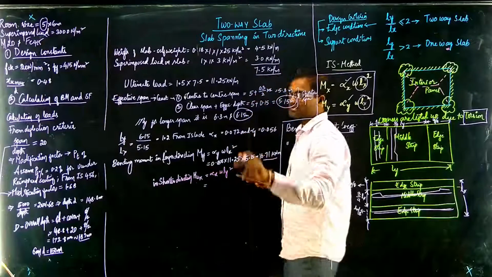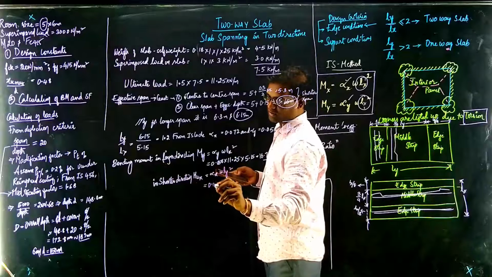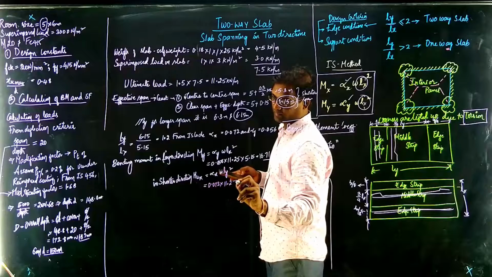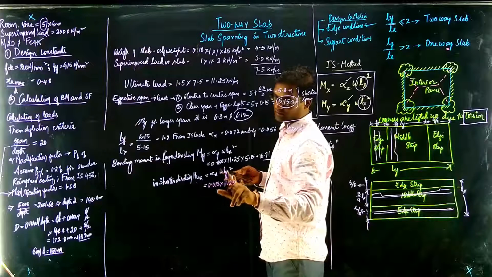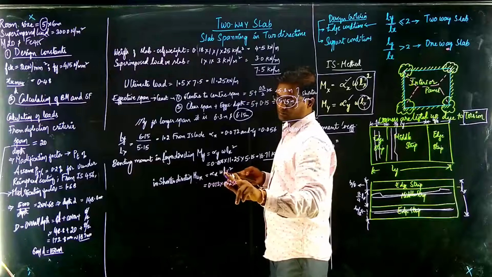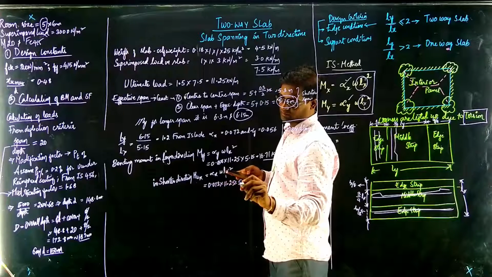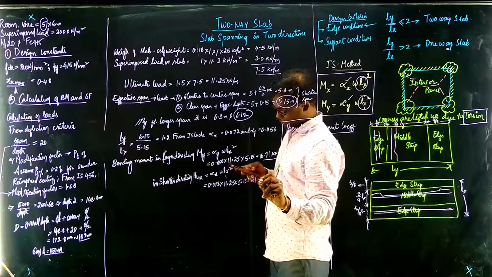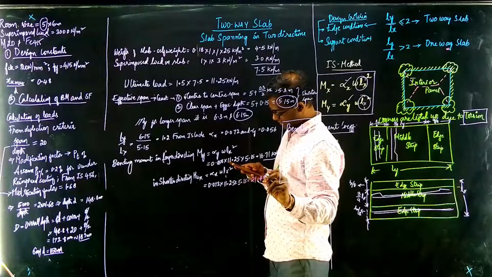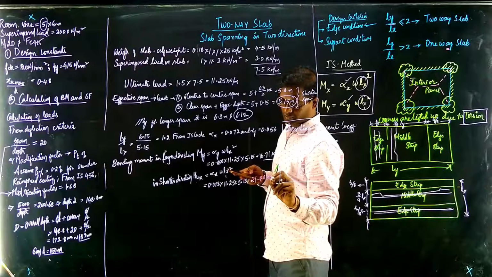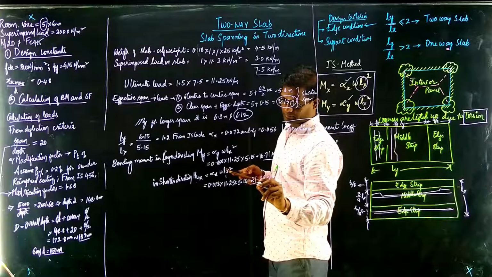Alpha x is 0.072, into W 11.25, into Lx 5.15 squared. You will get this value as 21.48 kilonewton meter.